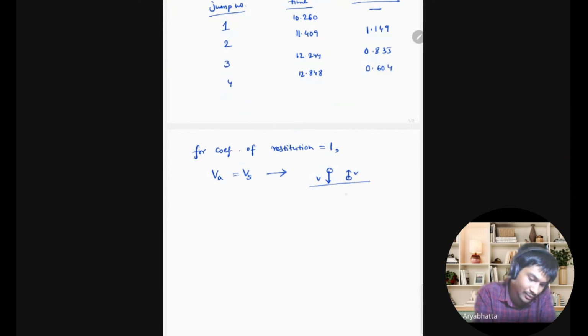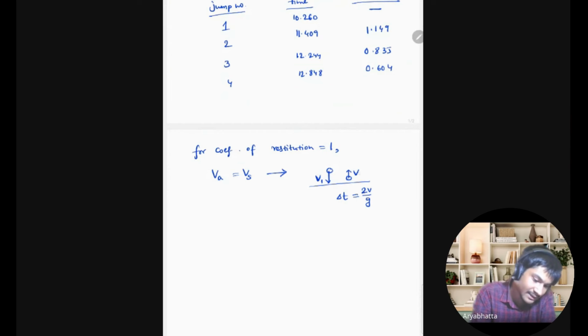And since we know that time of flight is delta t equal to 2v by g, for a coefficient of restitution equal to 1 case, our time of flight for each successive interval will not change because the v doesn't change. But we are seeing that our time of flight is decreasing. What does that imply?